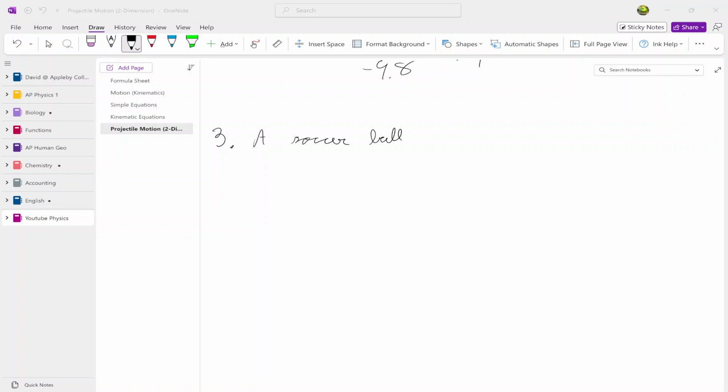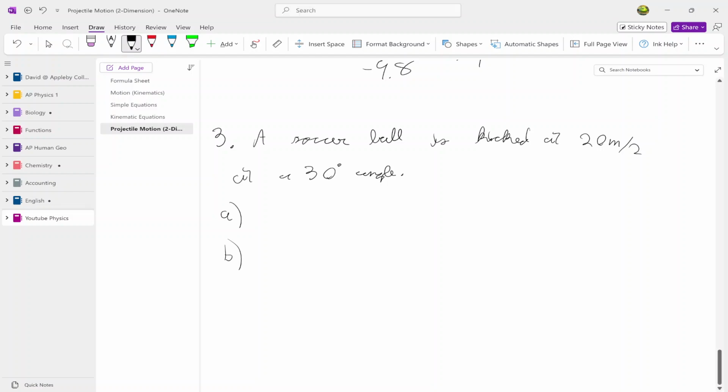A soccer ball is kicked at 20 meters per second at a 30-degree angle. So what does this tell us? Well, it's a vector and it's at an angle.